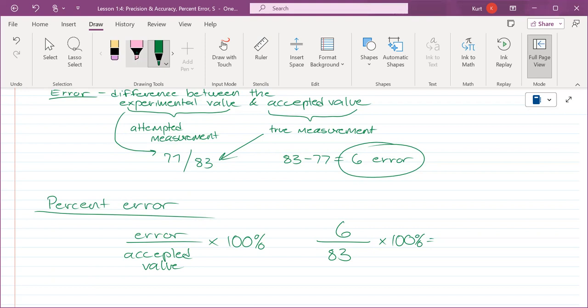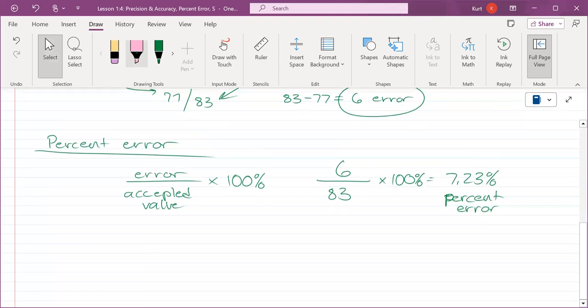There's a lot of numbers after the decimal. We'll just do the first two. 7.23%. Percent error. So this means that Alex was 7.23% off from being completely accurate, 100% accurate.